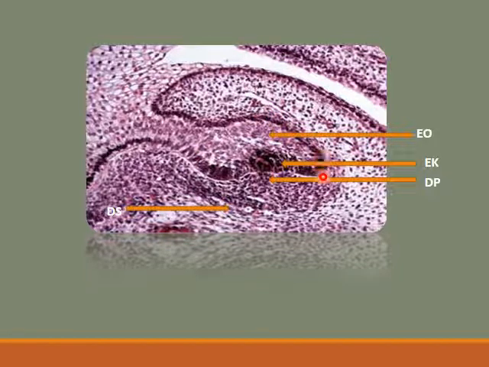This is the outer enamel epithelium here, and this is the cells of the inner enamel epithelium, columnar, and this is the cells of the stellate reticulum. This is the dental papilla, and the outer cell layer is the cells of the dental sac. Here we have the enamel.